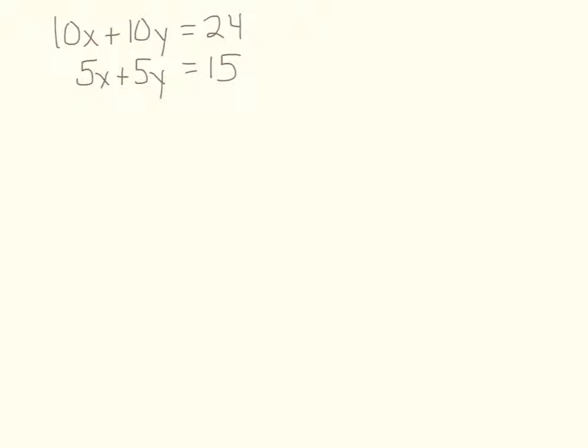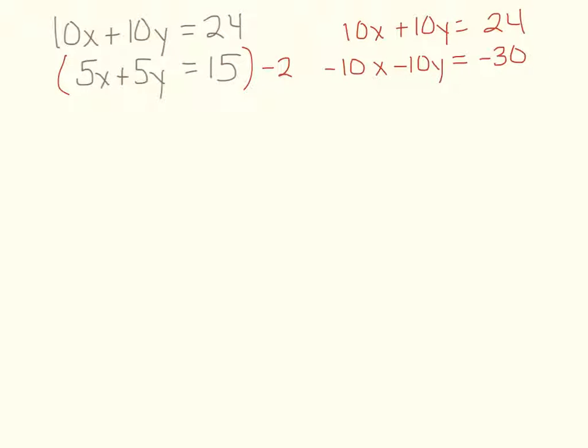Okay, if we were to try to solve this with elimination, we could multiply these 5s by -2 in order to get the opposite. That would give you negative 10x minus 10y equals negative 30. And then I'm going to bring the top equation over. Okay, but notice now when we go to solve, the x's and y's both cancel, but we get negative 6 over here.